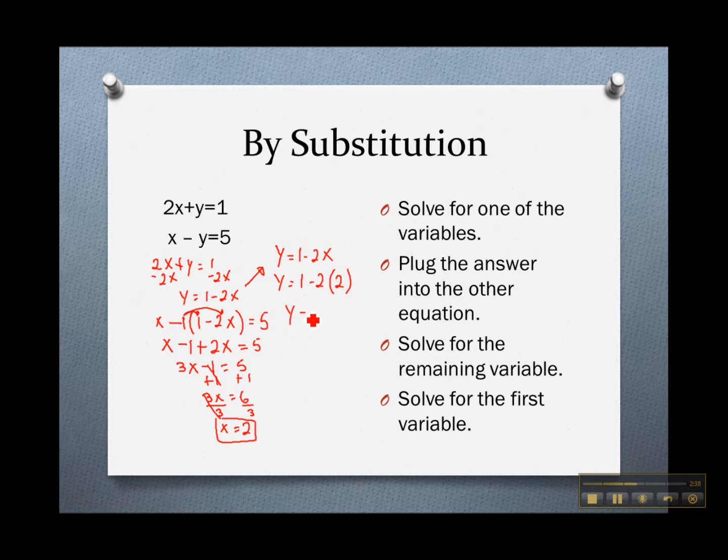And then finally you solve this. So -2 times 2 is -4, and 1 minus 4 is -3. So the solution for this by the substitution method is that x is 2 and y is -3. All this means is that these two lines would intersect at the point 2, -3.